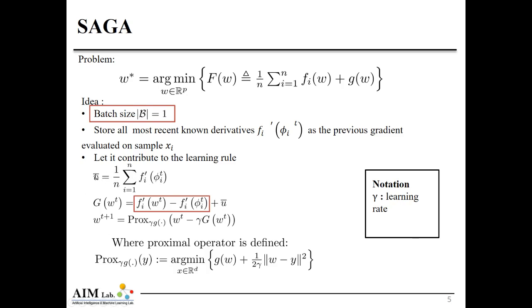Variance reduced gradient is calculated by sum difference between new derivative term and old derivative term plus u bar. Learning rule is updated with proximal operator due to the presence of regularization term G here.